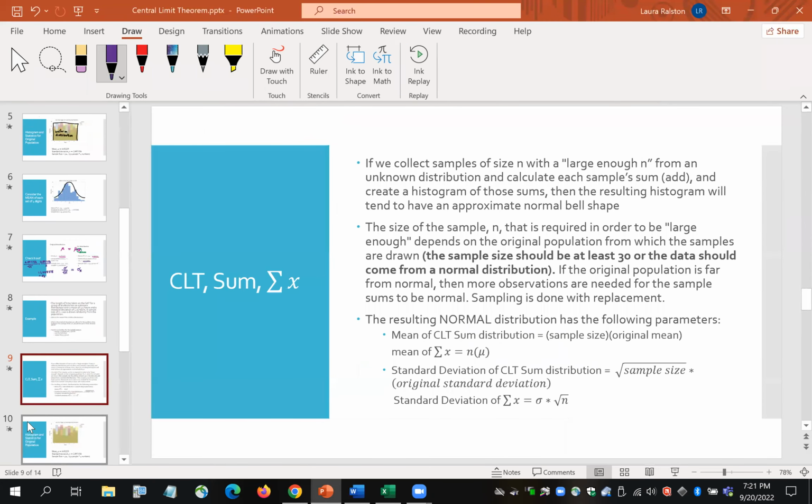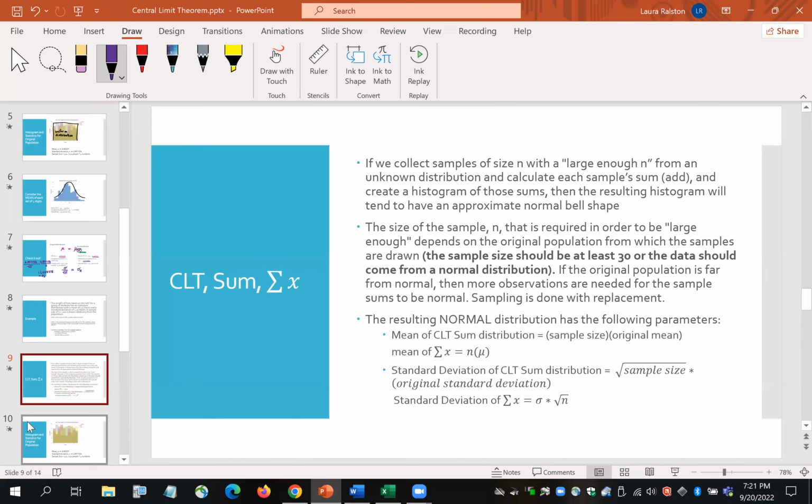And we need to look at the second version of the central limit theorem. The second version of the central limit theorem relates to the sum of the sample instead of the means. It basically says the same thing.